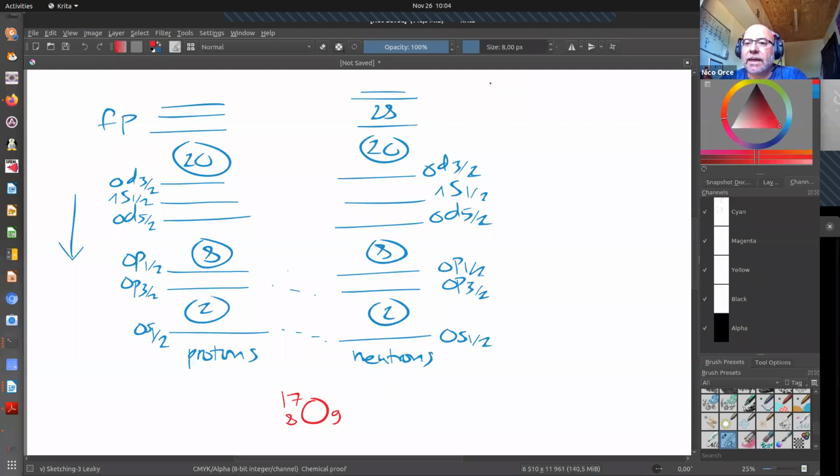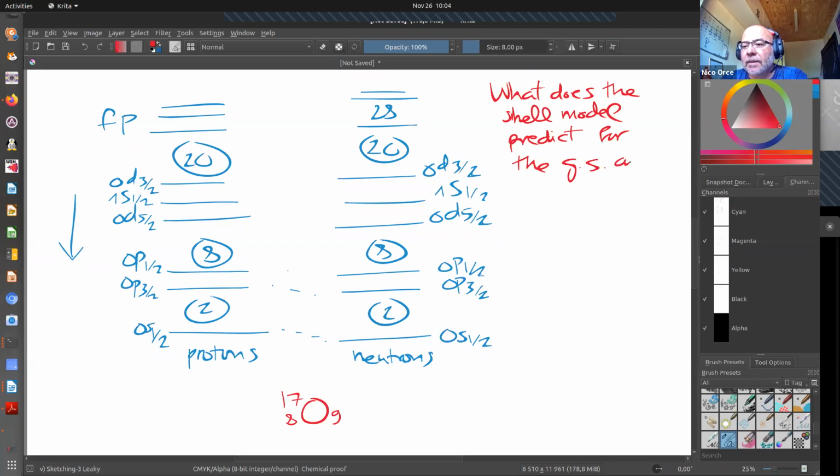Okay. So now we are going to check the prediction. What does the shell model predict for the ground state and first excitations of oxygen 17 as an example, right?